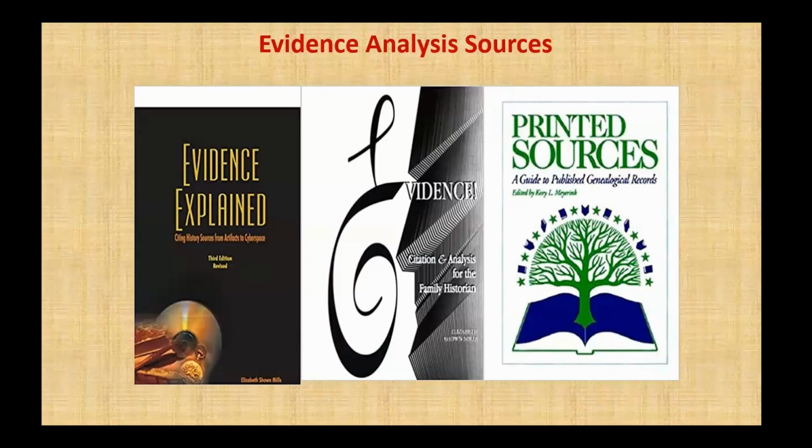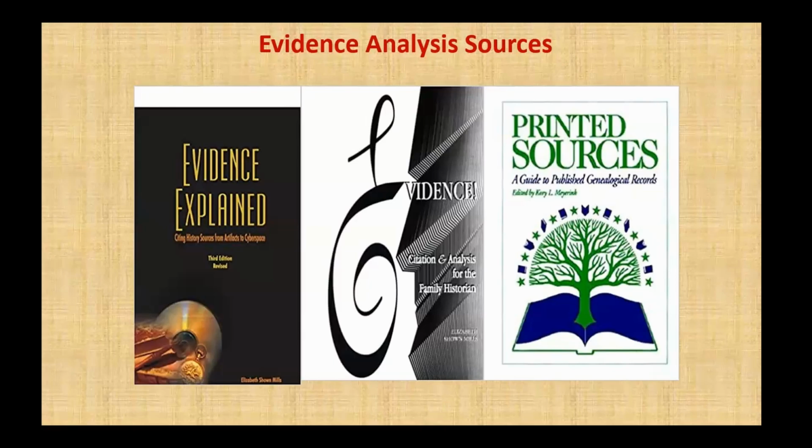This one is considered the Bible for showing you not only how to determine the accuracy of evidence, but it also shows you how things are cited. The earlier book she did, Evidence, Citation, and Analysis for the Family Historian, was sort of an earlier version of the later version that we have that's on my left.